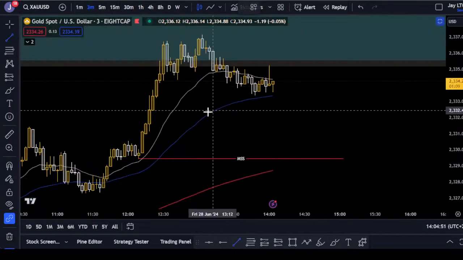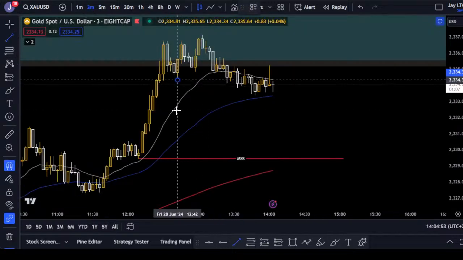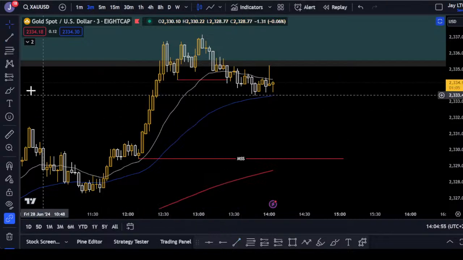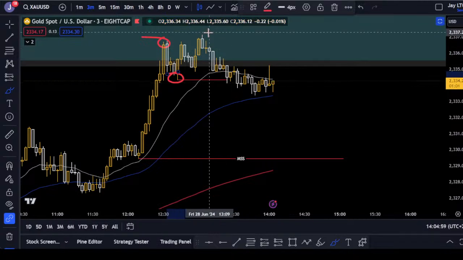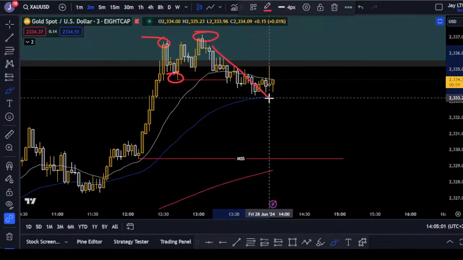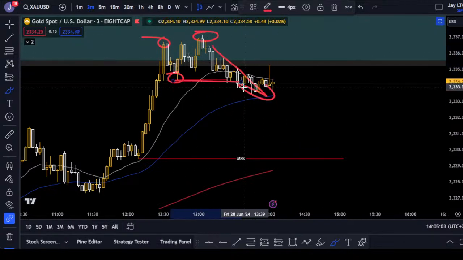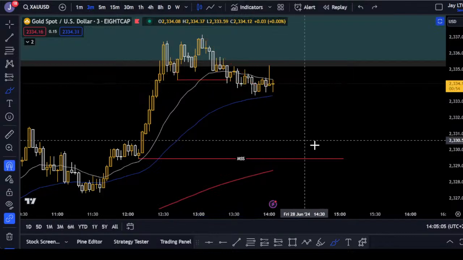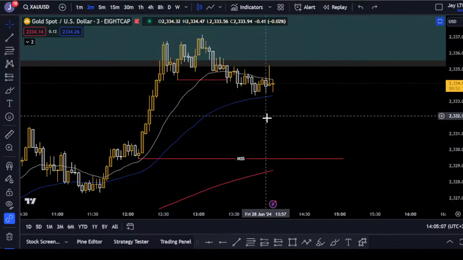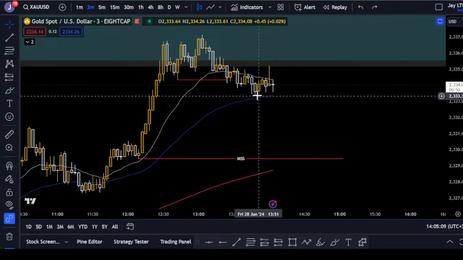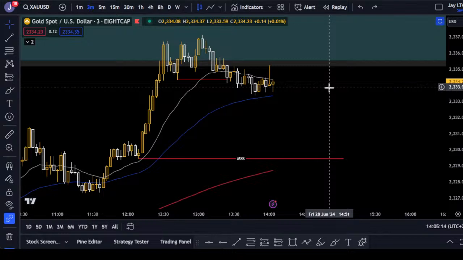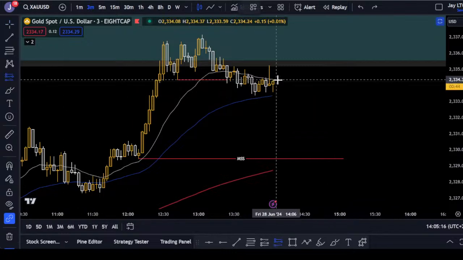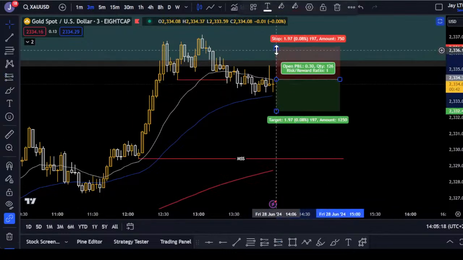So if you look on the 3 minutes, we have this high, low, higher high, boom. We broke structure here. Okay? It's on the 3 minutes, so it's not something super strong, not something to get hung up on, but take a sell from here.